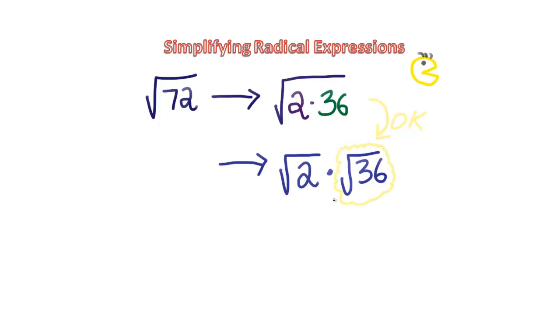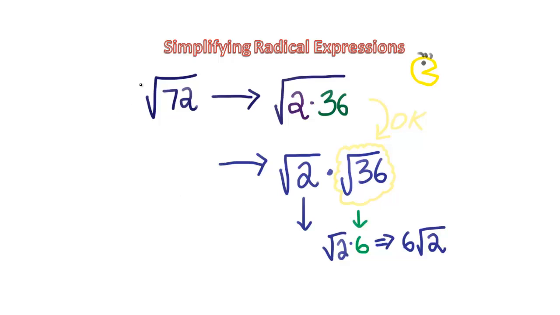Now we can simplify further, because if you look at radical 36, that's a nice number. Radical 36 is just positive 6. So this becomes just the number 6, and then radical 2 we just bring down. So we have radical 2 times the 6, but it's easier to write it with the 6 in the front and the radical 2 after.